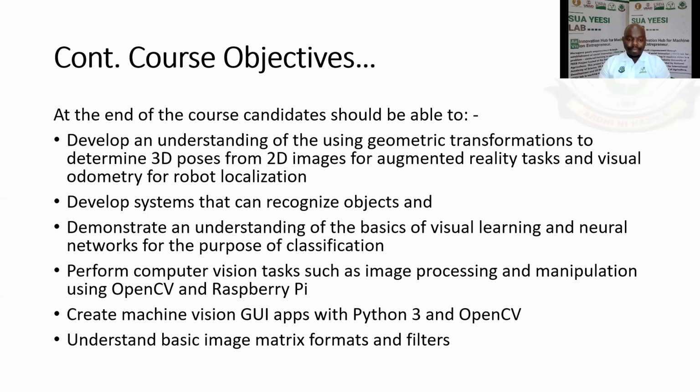All these you can use to realize how powerful these machine vision algorithms are. And then create machine vision GUI apps with Python 3 and OpenCV. This is quite interesting, and see how these images can be analyzed using machine learning methods, and understand basic image matrix formats and filters. And this is quite important.